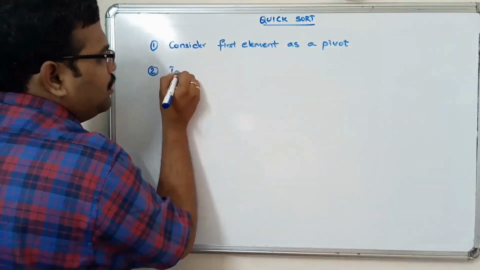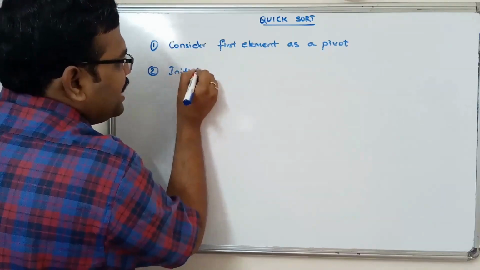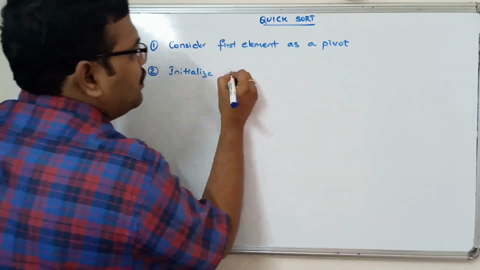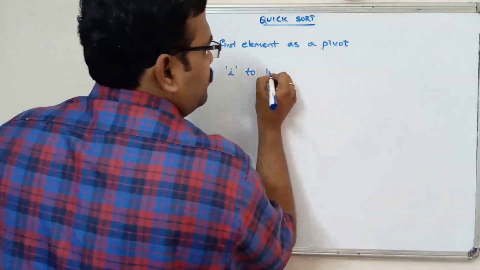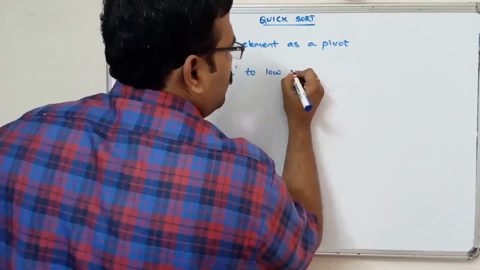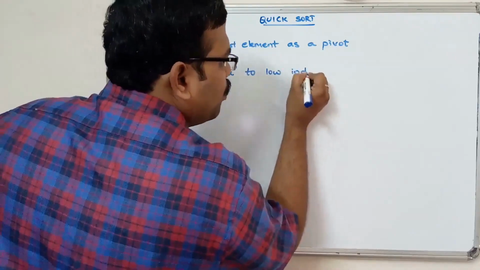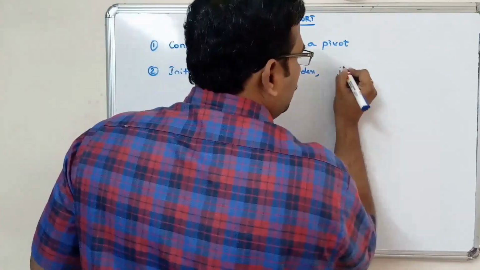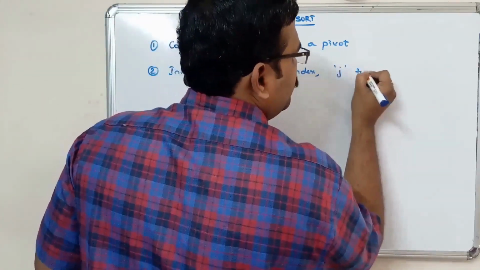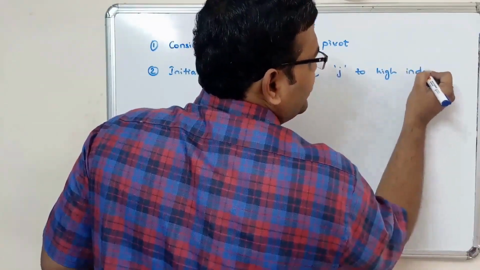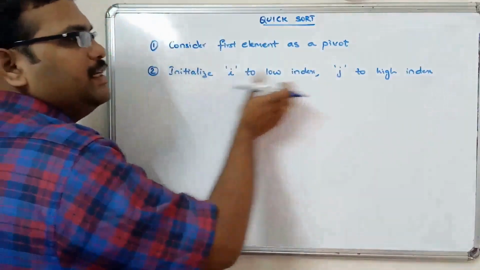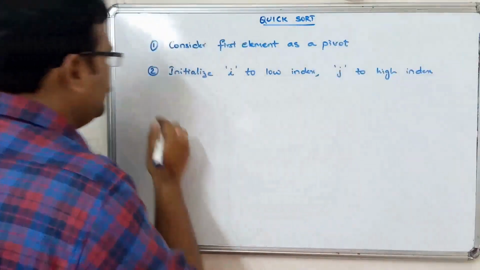Next, initialize i to the low index, j to the high index. That means i is the starting element, j is the last element.